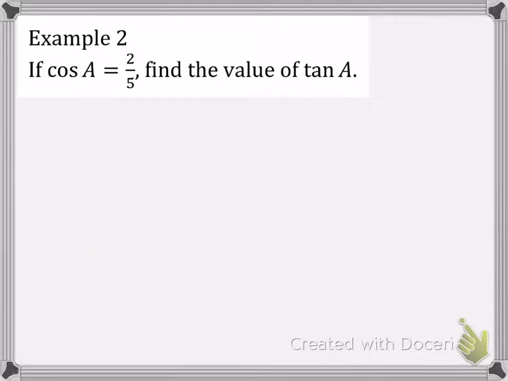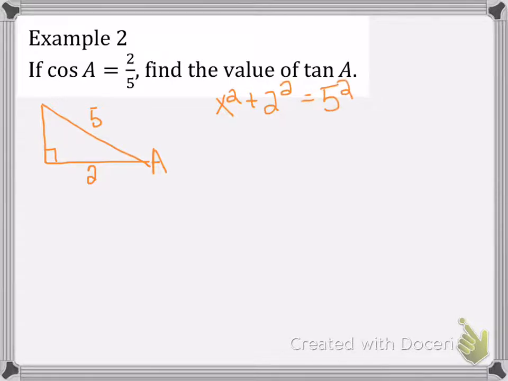Example 2, if the cosine of A equals 2/5, find the value of tangent. Well, what I would do is generally draw out a triangle, and I put angle A somewhere. Now 2 over 5 means the adjacent side is 2 and the hypotenuse is 5. So then I would find the other side using my Pythagorean theorem.